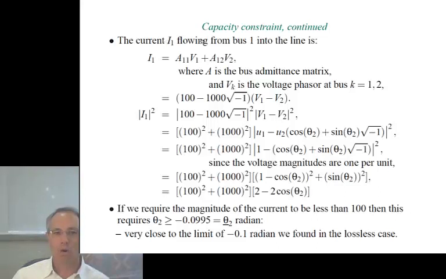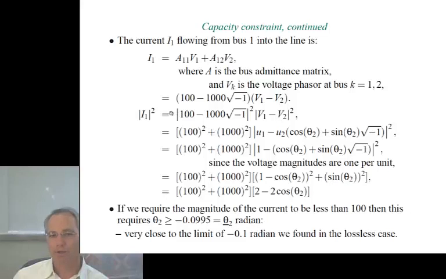The current I1 flowing from bus 1 into the line is A11 V1 plus A12 V2, where A is the bus admittance matrix, and we already know the entries. We can evaluate the current as the admittance times V1 minus V2. We can therefore evaluate the magnitude of the current by taking the magnitude of this expression.